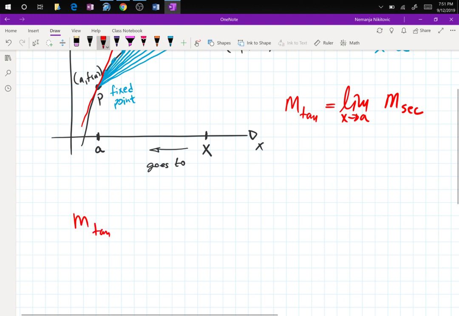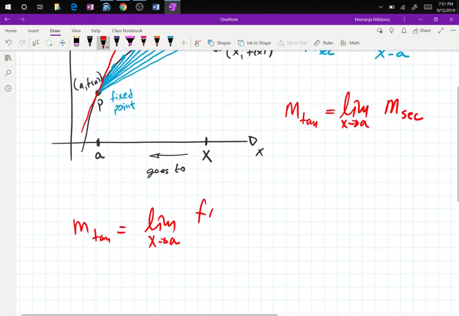And now that would be written as m tangent is equal to the limit as x goes to a of f of x minus f of a divided by x minus a.